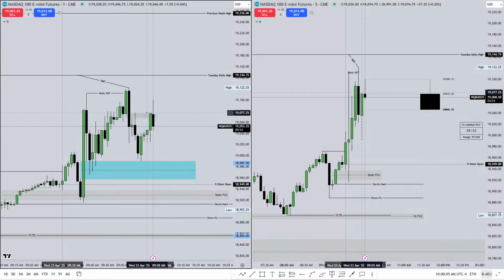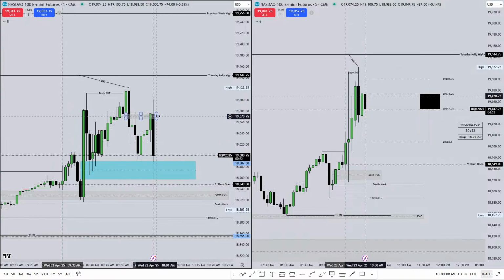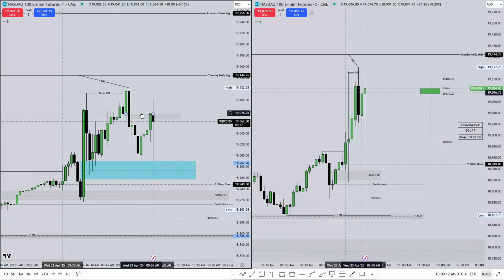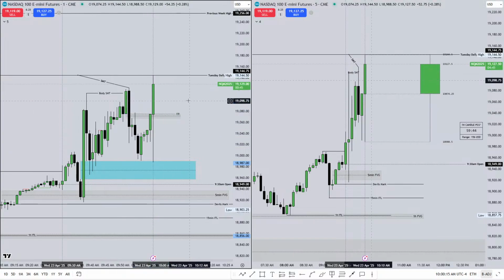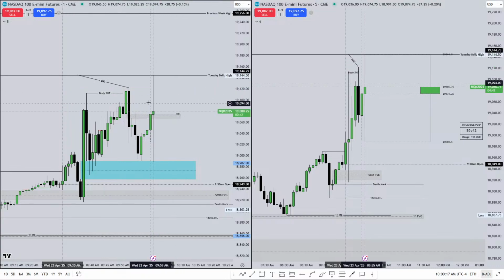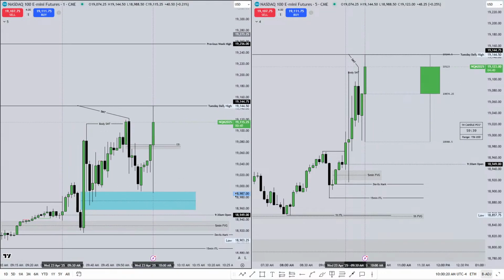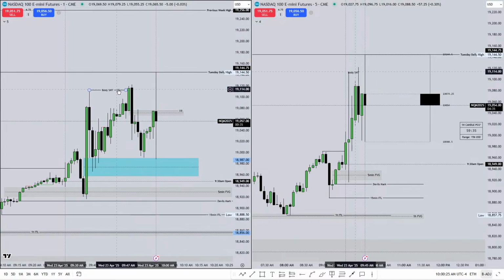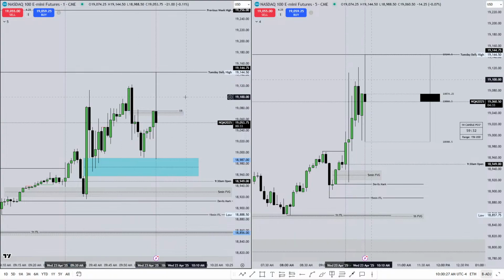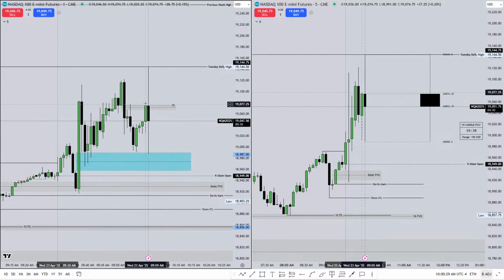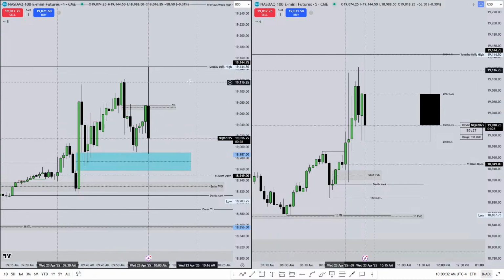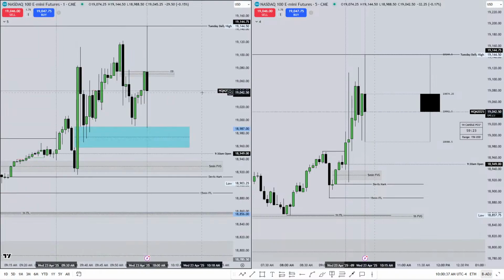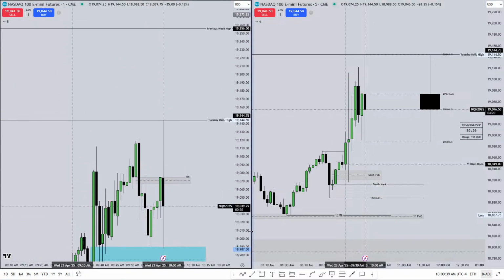Interesting. Okay. So look how that held right there. Yep, now that high gets taken. So no more daily SMT right there. Wow, the bodies are really holding that though, which is interesting. Did that get taken?